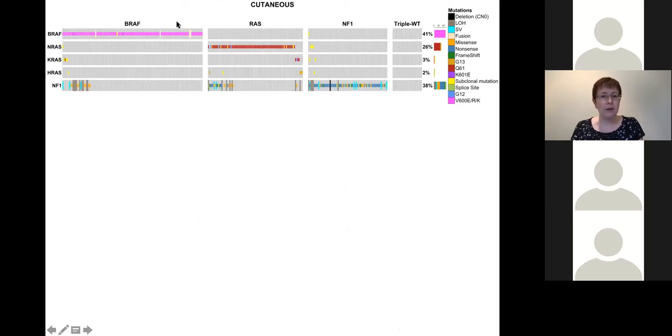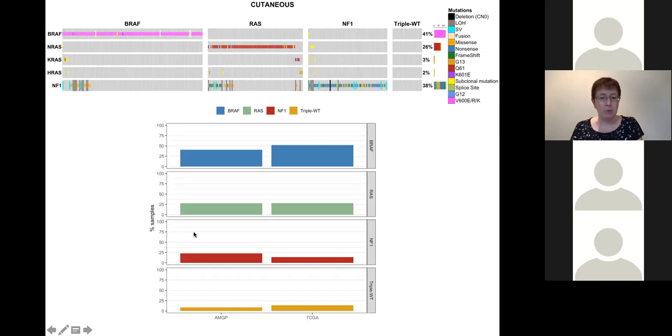If we look at those same subtypes in our tumors, we see a similar pattern as the TCGA categorizations. The colors here don't matter too much. I'm just showing that we see BRAF mutations, primarily NRAS mutations for the RAS hotspot, and NF1 mutations, most of which are point mutations or frameshift indels, as shown by the smaller rectangles.